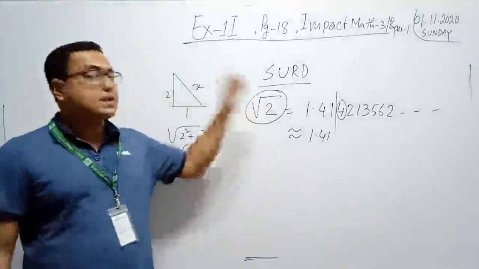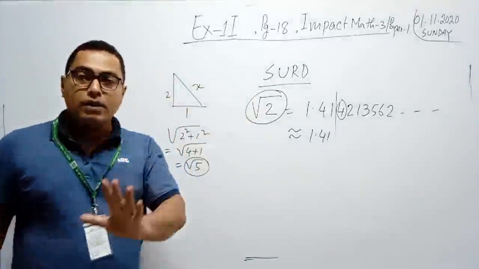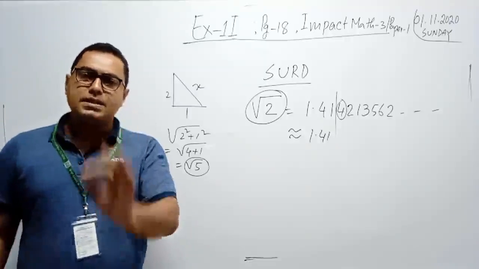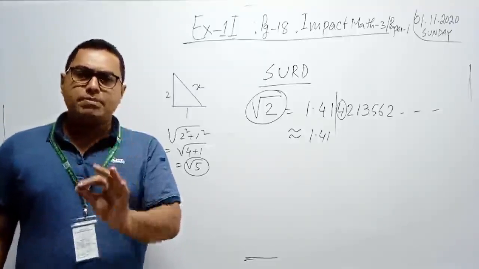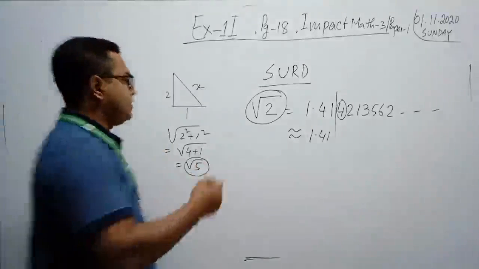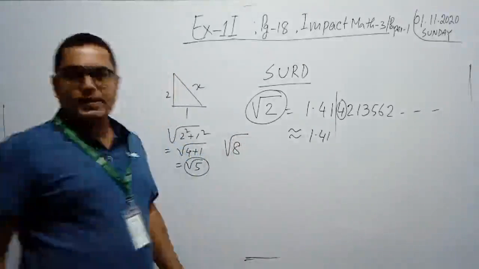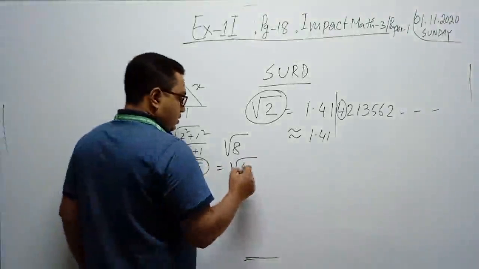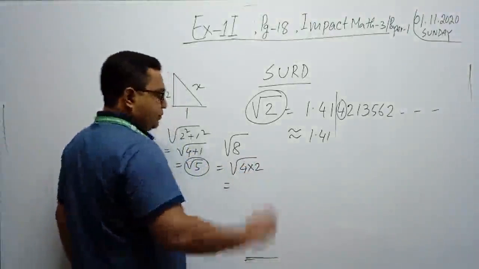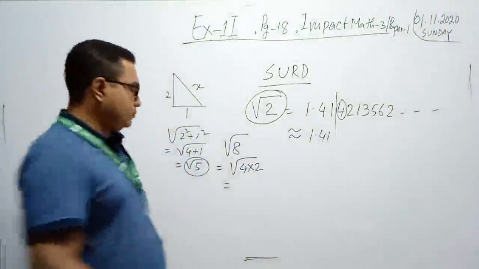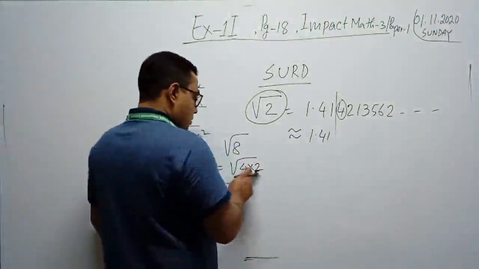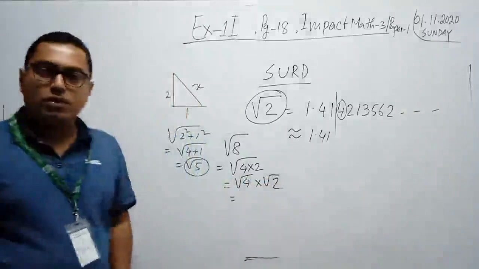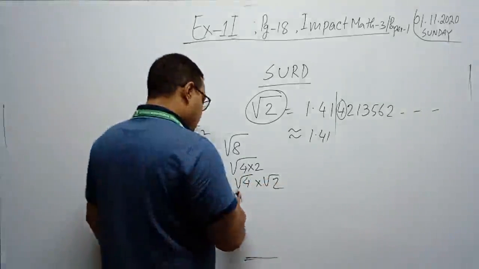So, what is surd now? Square root of any number which is in the simplest form. Suppose square root of 8. Is this a surd? This can be represented in two ways. We can divide it into two parts: square root of 4 times square root of 2.